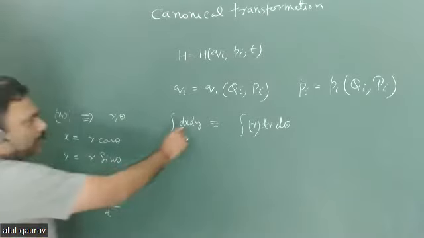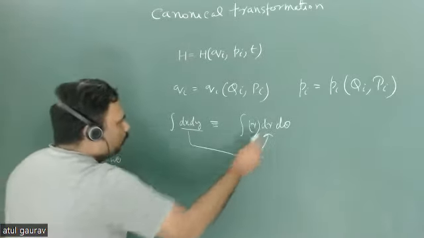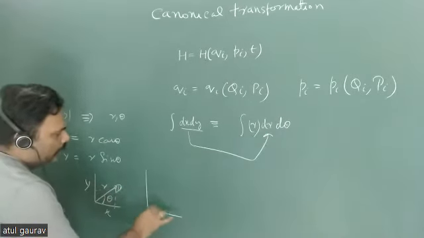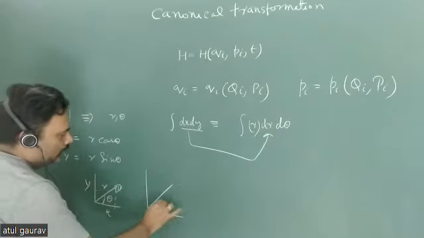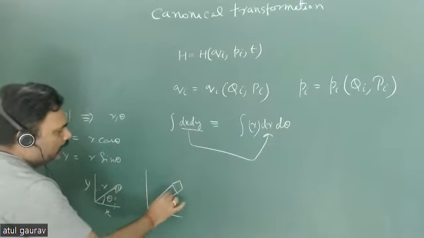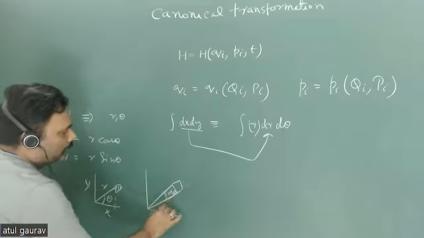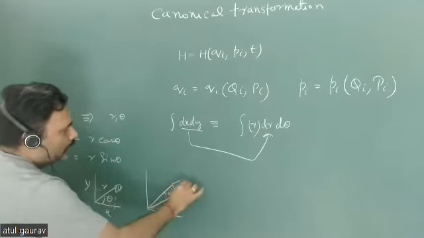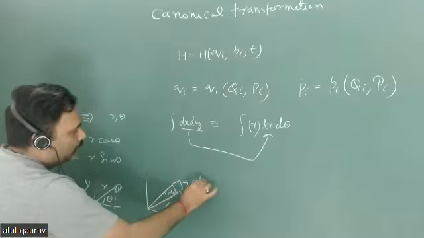Now this can be replaced by this. How can you replace it? We can just use it geometrically. You take the elemental area, and let's say this is theta, and this is r, this value is dr, and this value is r d theta.